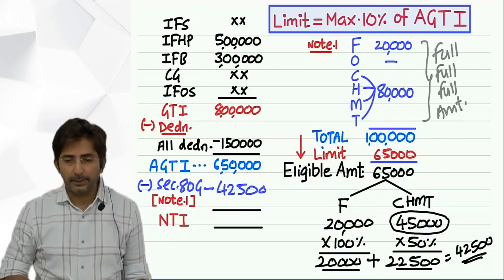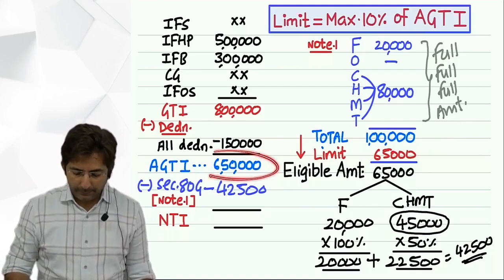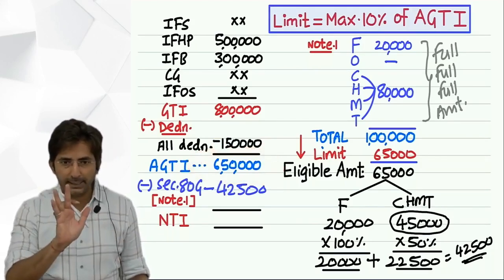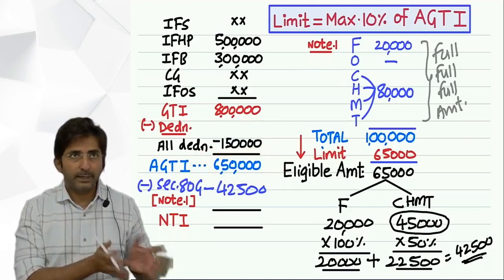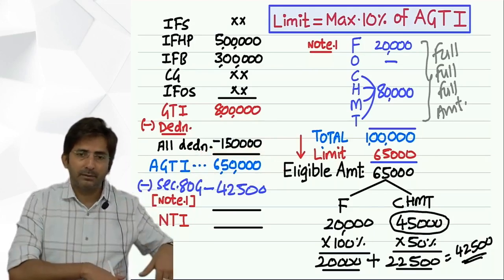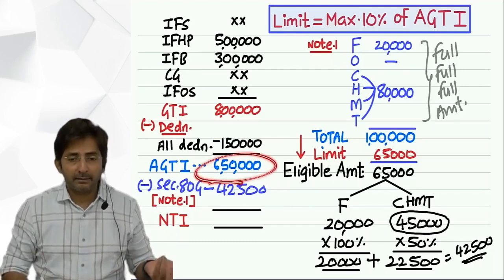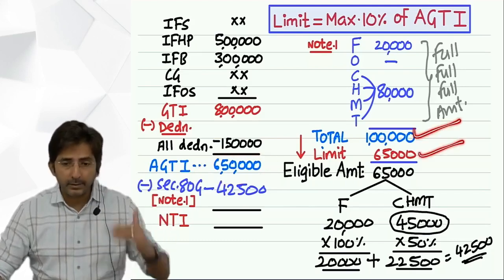And what will be the limit? 10% of AGTI. And AGTI will be ready in the statement. Today we solved a question where 80 GG was there, so AGTI was readily available. When you reach the end of the sum, your end answer is AGTI only. So take 10% of that. Then compare the total amount and the limit, take whichever is less.